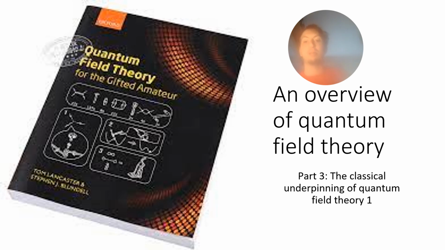But in part 3, we'll be building up to describing the equation of motion, which says how quantum fields should behave. So it's kind of like Newton's equation for particles, but instead it would be an equation for fields. And in that we'll be talking about the Euler-Lagrange equation for fields.